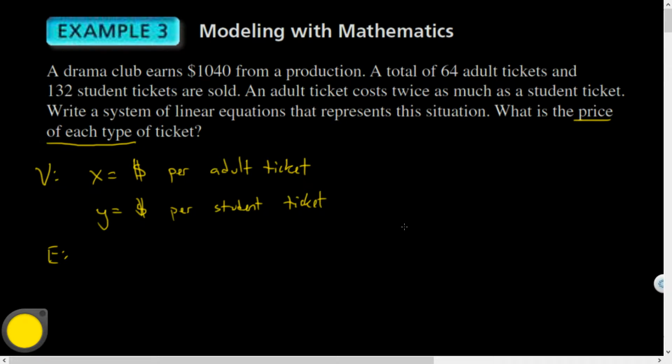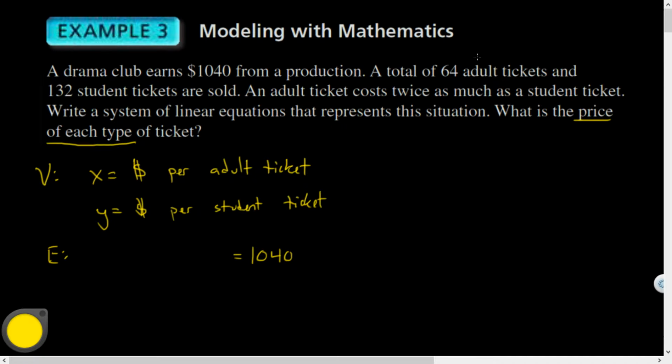All right, and then they gave us two separate facts. The first fact was about money. They earned $1,040. The money they earned came from two things.